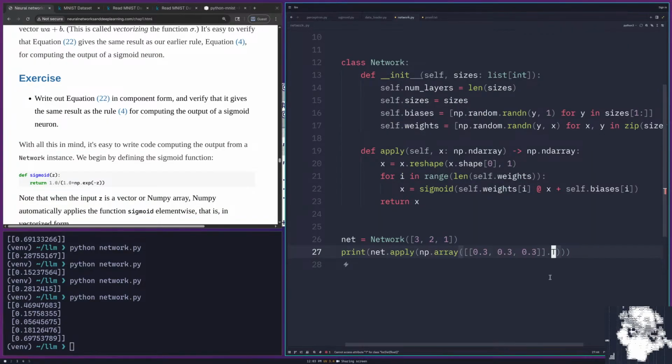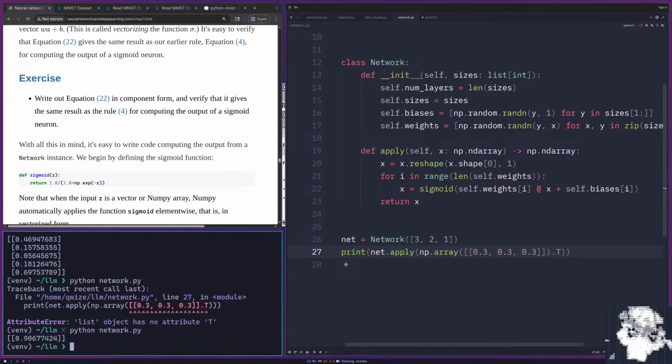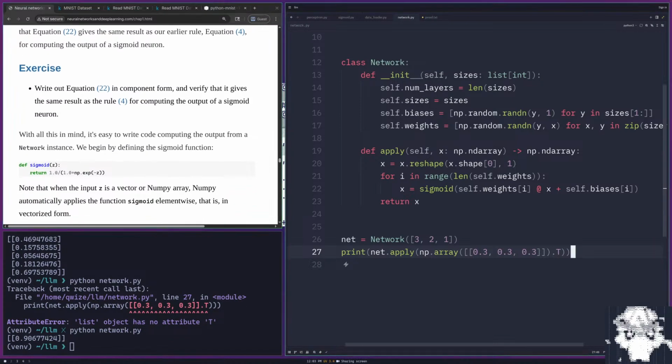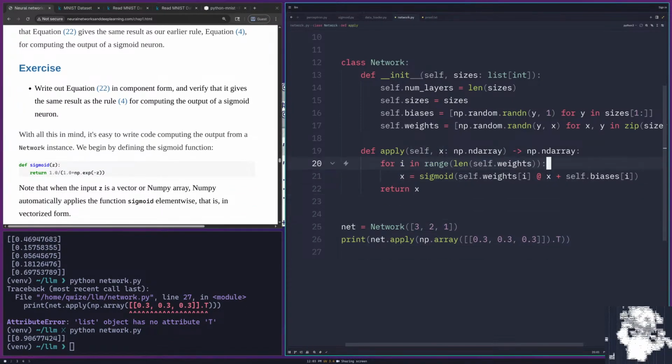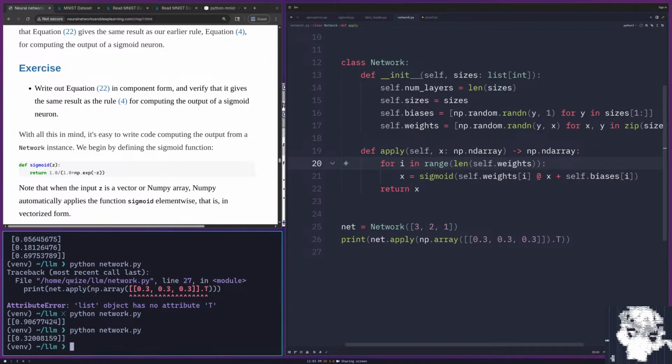Is that how you transpose? Oh, dot t on the array. That works, and then does that let me avoid having to reshape? Yeah. Huh.